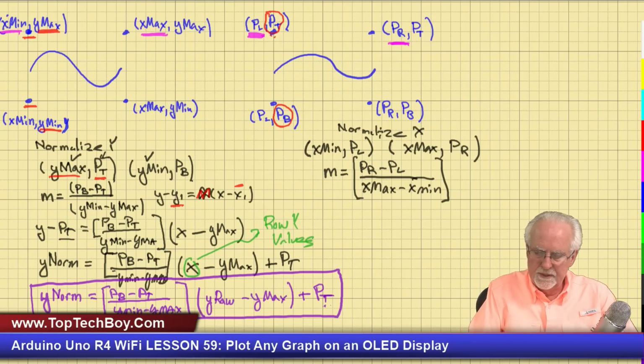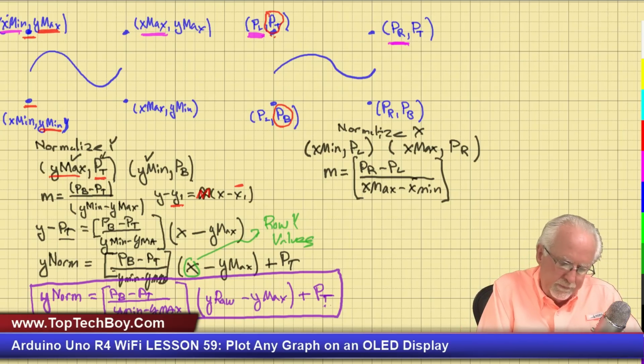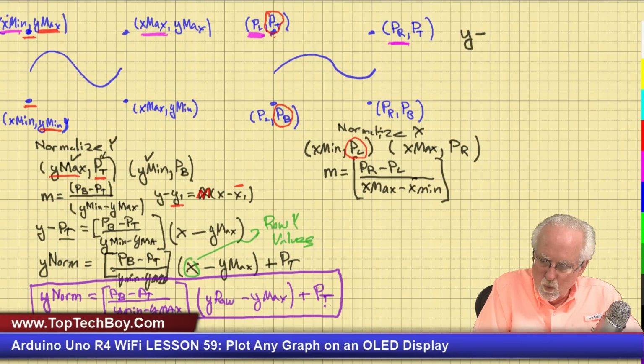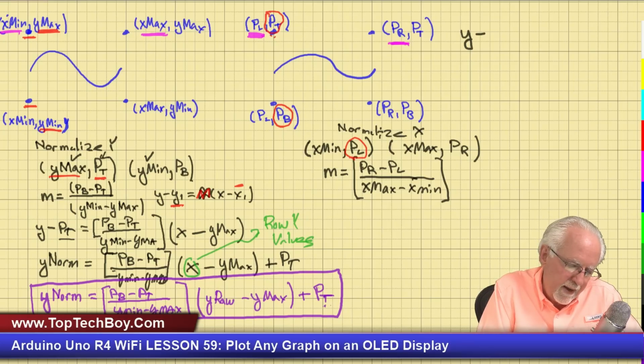Now, what does that go to? Well, I'm going to come up here so I don't run out of screen. But now remember, y minus y1. What is y1? PL, right? So y minus y1 would be y minus PL.